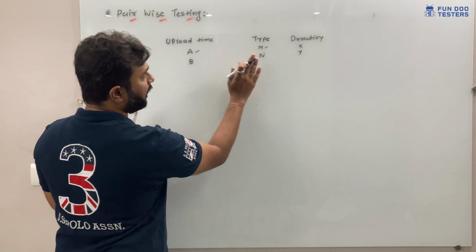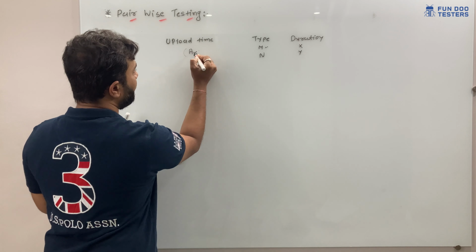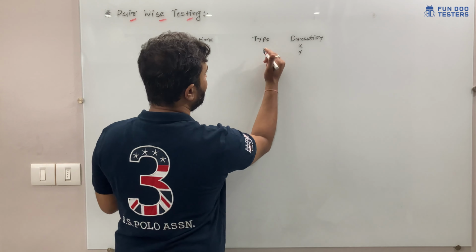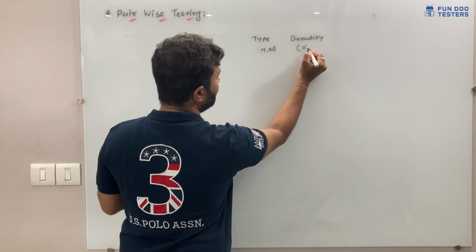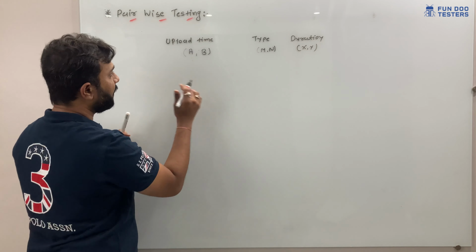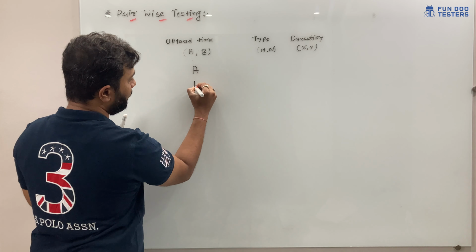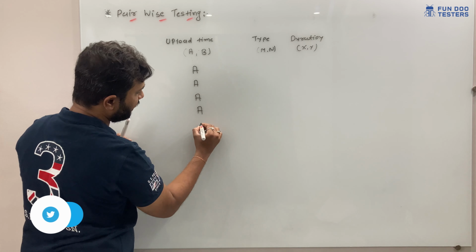Now with upload time, type and duration, we have two inputs each: A and B, here M and N, and here X and Y. With that, we can make multiple test cases. First of all, we write A four times, like we used to do in engineering.